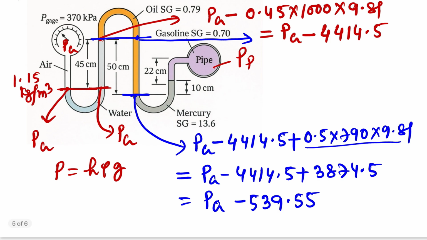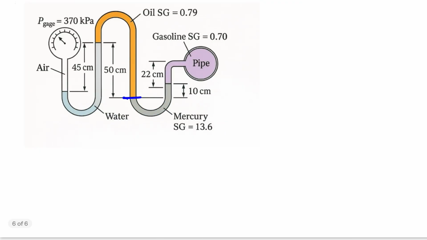So we got the pressure at this point, PG minus 539.55. Now if I again draw the reference line for the same fluid, the pressure at this point will also be the same, PG minus 539.55.